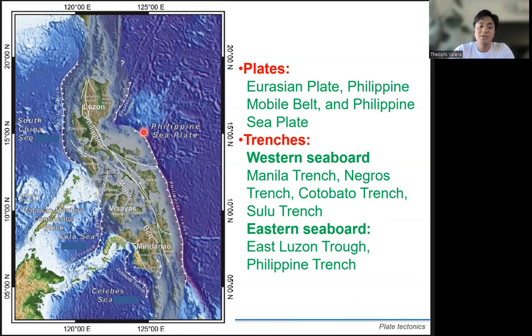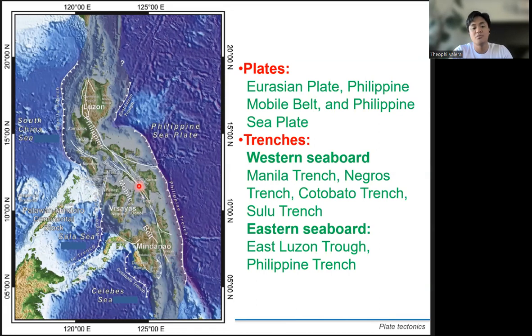And because of these collisions, you also have fault zones lining the country, and the most prominent of which is the Philippine fault zone. The Philippine fault zone runs from northern Luzon all the way to Mindanao.